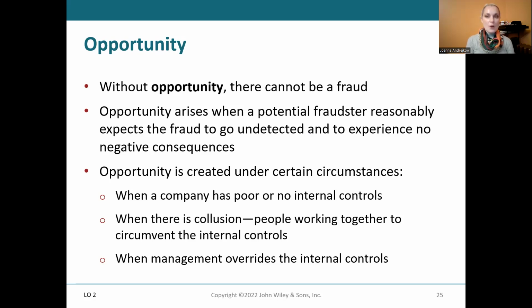They commit fraud because they believe they can get away with the action. Opportunity is created under certain circumstances, such as when the company has poor or no internal control, when there is collusion, so multiple employees work together to circumvent the internal controls that exist. And lastly, when management actively overrides the internal control.